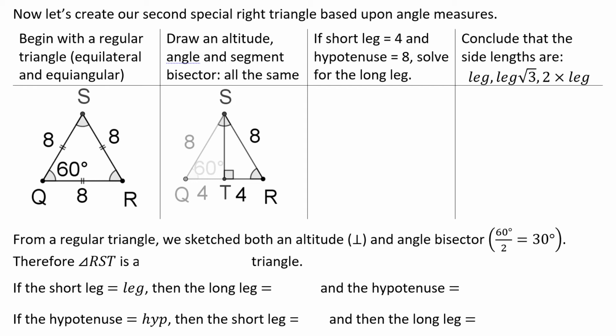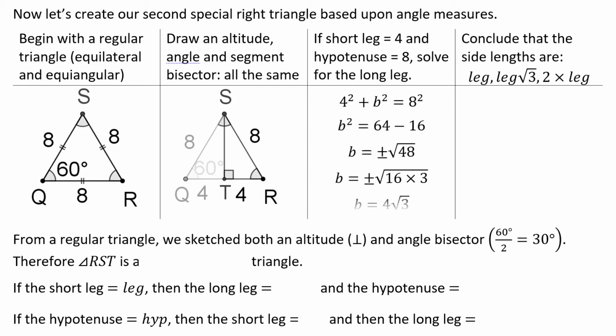Well, what's the length of the altitude from S down to T? How long is that? If we have a short leg of 4, a long leg of ST, and a hypotenuse of 8, how do we find the long leg? Use the Pythagorean theorem. So 4 squared plus that long leg squared equals 8 squared.